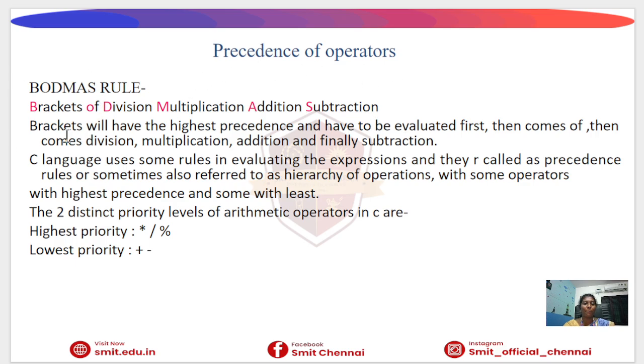Next, if we have a division symbol in a problem, we use division. If we have a multiplication symbol, we use multiplication. And if we have an addition symbol, we use addition. So we use them priority-wise.